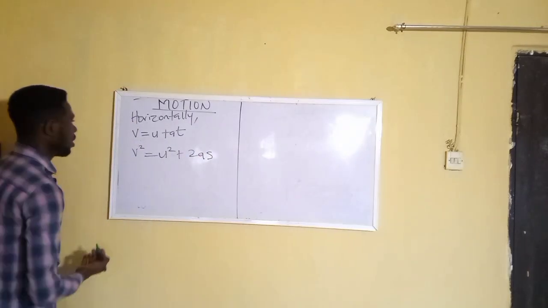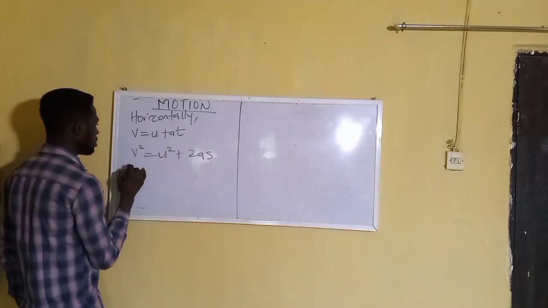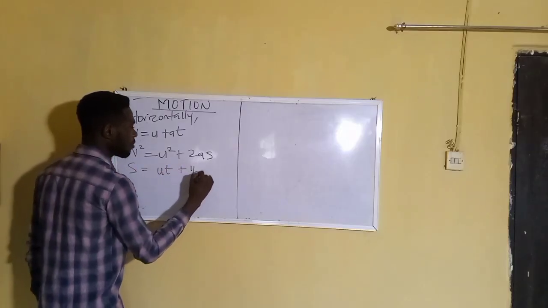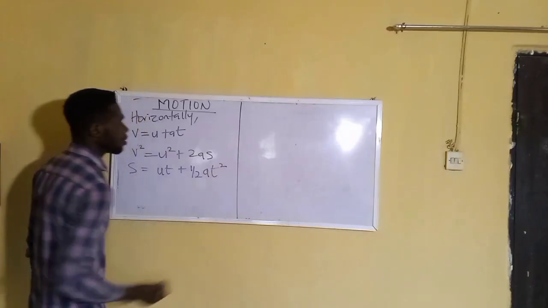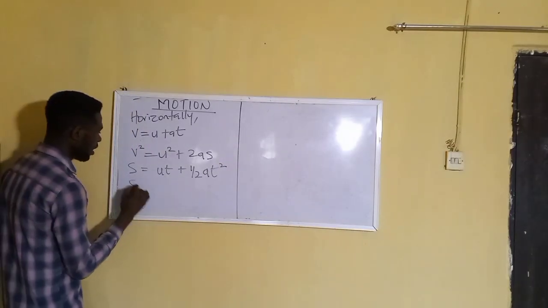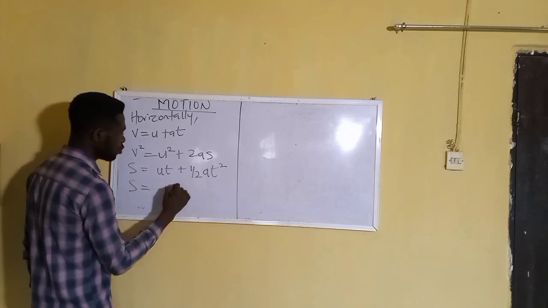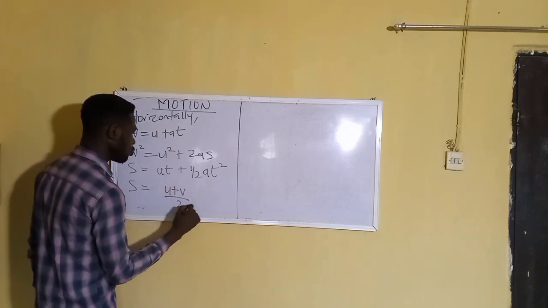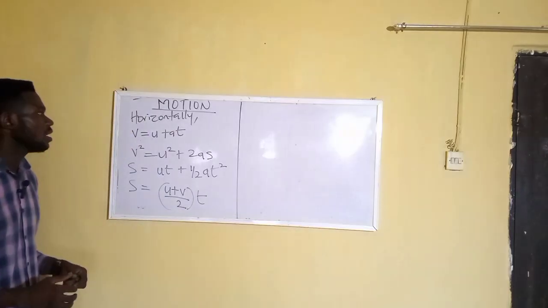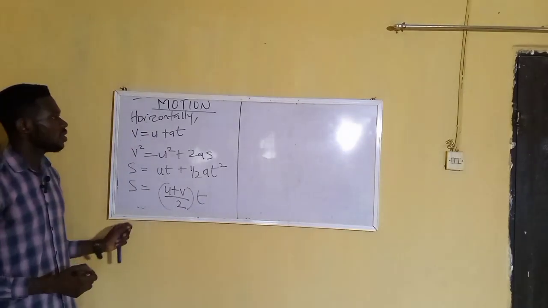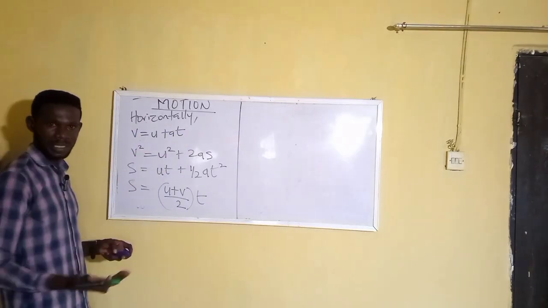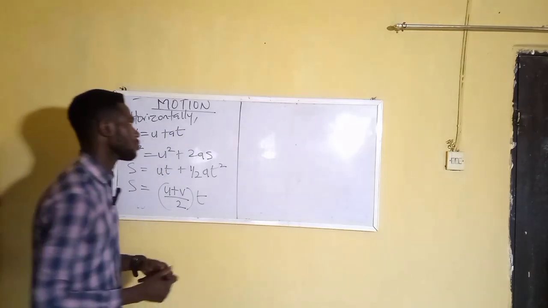We also have another one which is S equals UT plus half AT squared. And we also have another one again, which is S equals U plus V over 2, multiplied by T. Now, let's give these different figures a meaning and their units too.